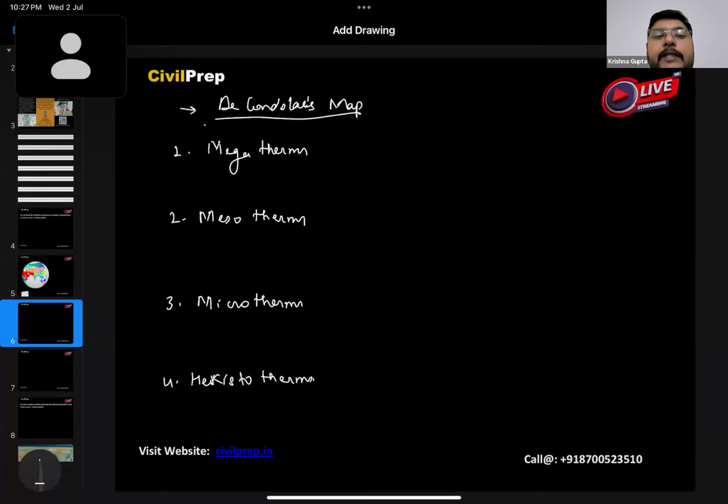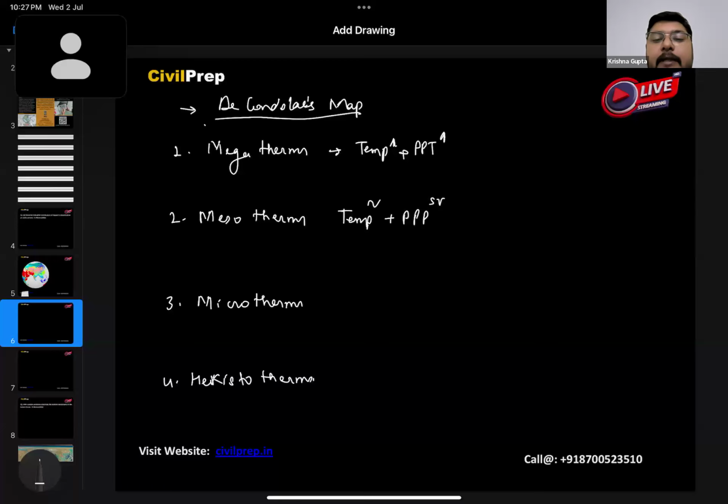Okay, so here we'll be seeing that under the megatherm, the temperature is quite high and moisture or precipitation was also very high. While in the mesotherm, the temperature was moderate, while the precipitation had seasonal variation.